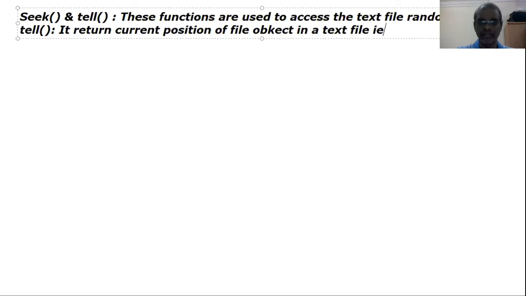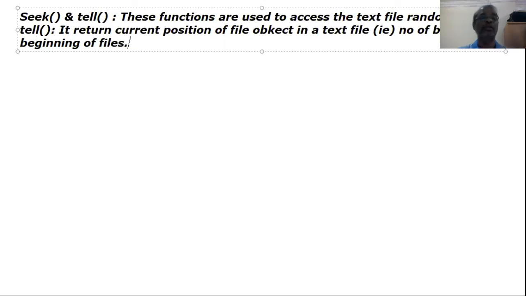That means the number of bytes of the file. So tell is a function. It returns the current position of the file object in a text file, that is, the number of bytes from the beginning of the file.